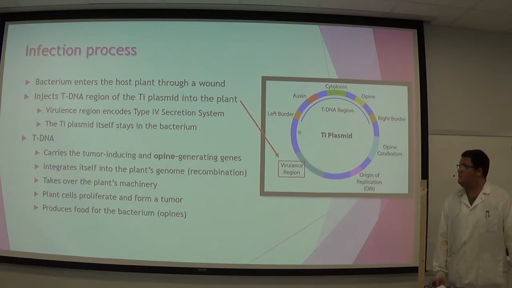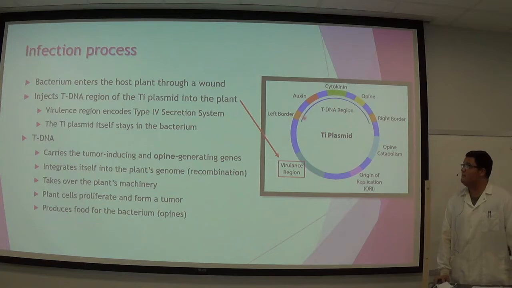Now, the reason the Agrobacterium wants to introduce the tDNA region into the plant is because it has several proteins that will produce auxin and cytokinin. Do you guys know what auxin and cytokinin are? Have you heard of them before? They're plant hormones that are responsible for causing plant growth.